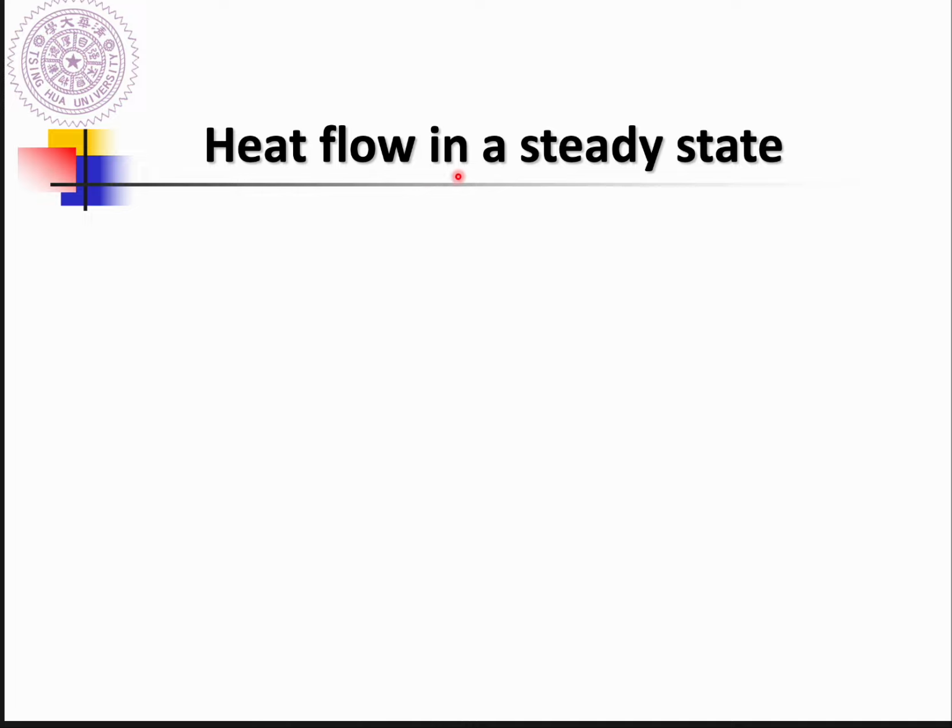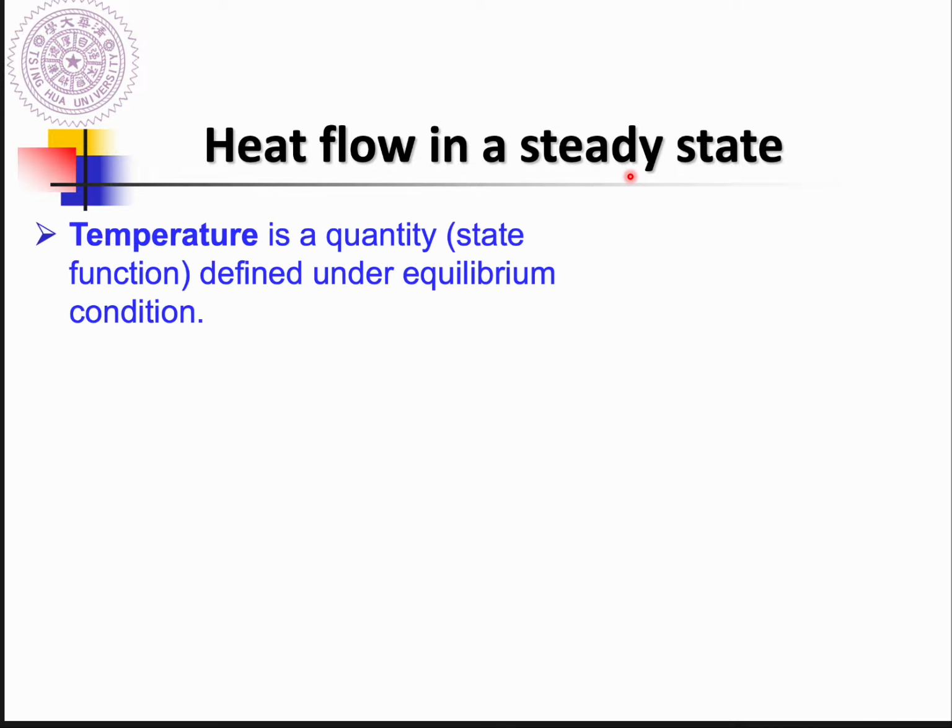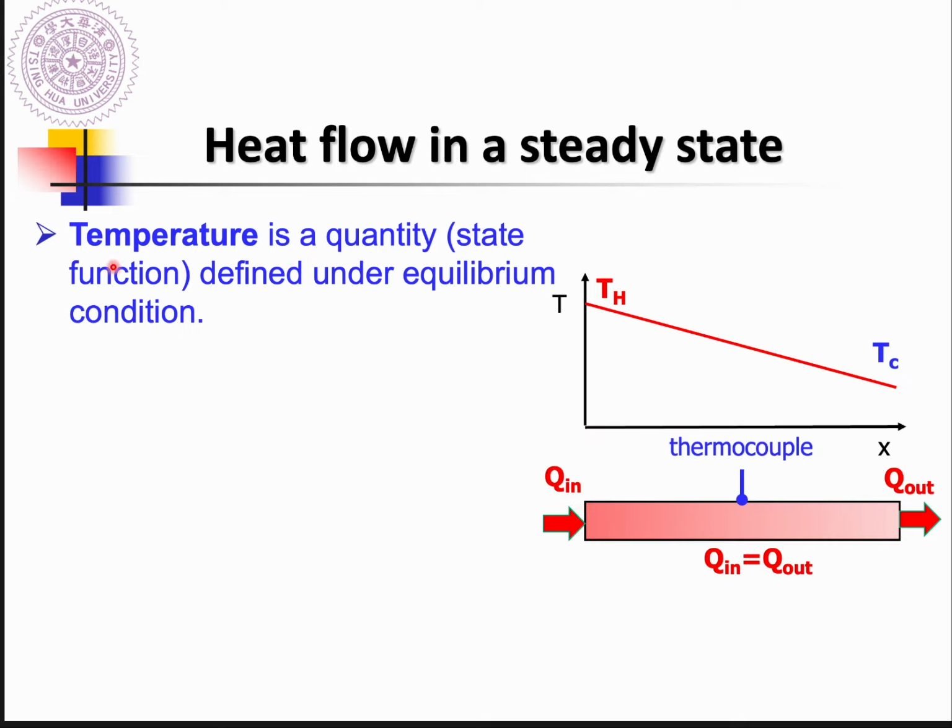So related to the heat flow in a steady state, I'm going to use the state function temperature T as a quantity to describe this kinetics process. The temperature is a state function describing the system. And what we have here is a metal bar, and I put a heat reservoir on the left-hand side and a cold reservoir on the right-hand side.